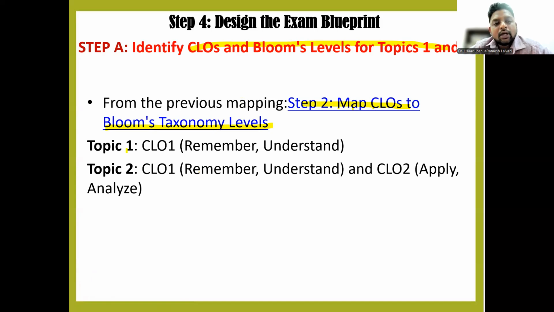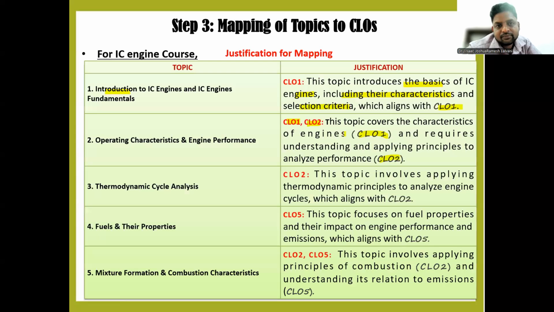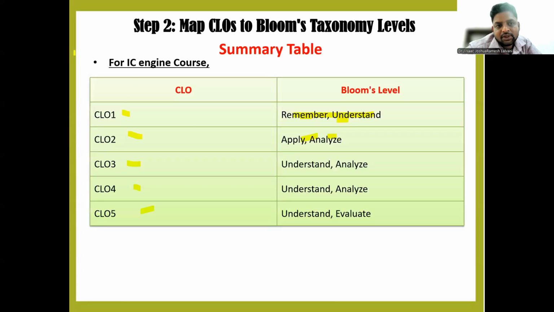Okay, now topic 1 will be CLO 1, remember and understand, and topic 2 will be CLO 1, remember and understand, and CLO 2, apply and analyze. So your topics are already there, and how remember, understand, apply and analyze come, we have already seen in step 2. CLO 1 will be remember and understand, CLO 2 will be apply and analyze.